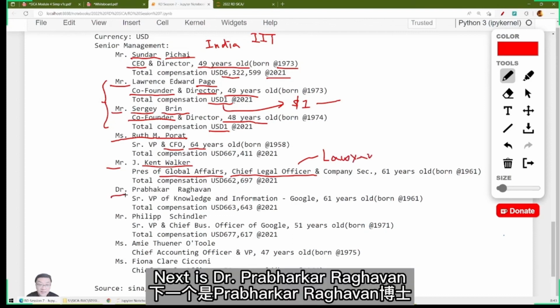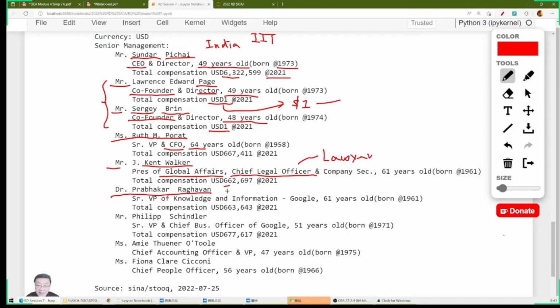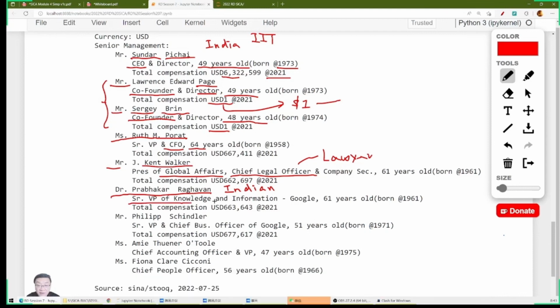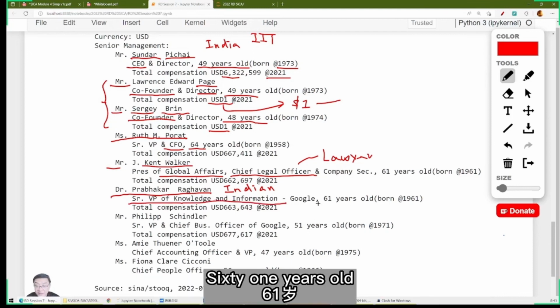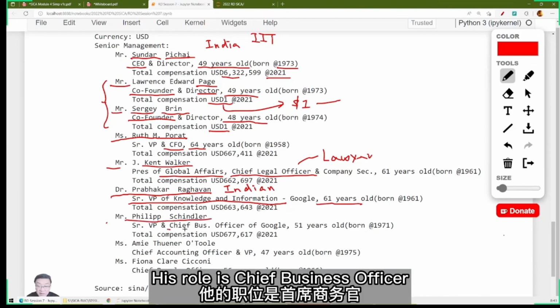Next is Dr. Prabhakar Raghavan, another Indian guy. His role is Senior Vice President of Knowledge and Information. 61 years old. Then Mr. Philip Schindler. His role is Chief Business Officer.